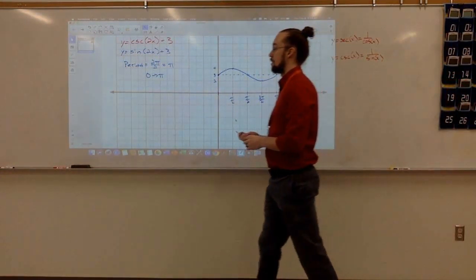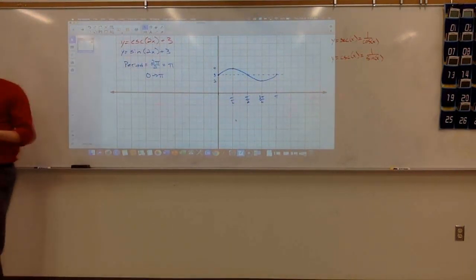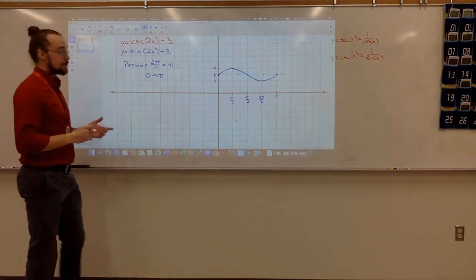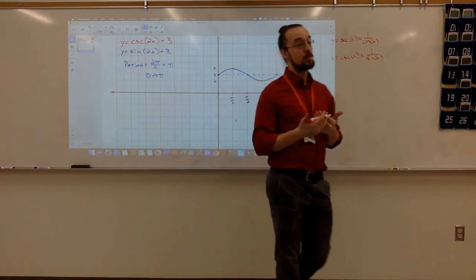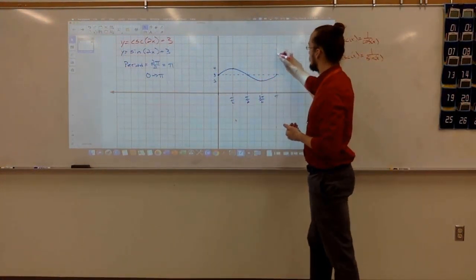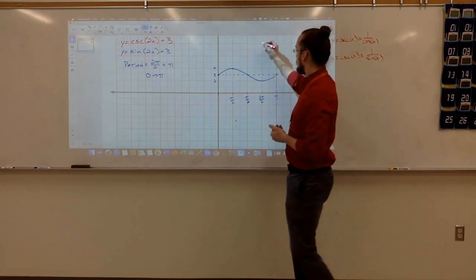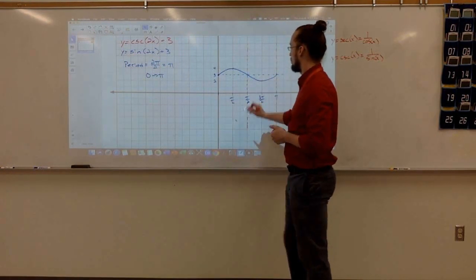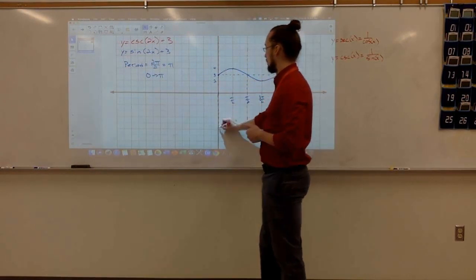Now, once we have that graph, graphing cosecant is going to be really easy. The places where the sine curve crosses the midline are the places where my asymptotes are going to go. So I'm going to have asymptotes here, here, and here.